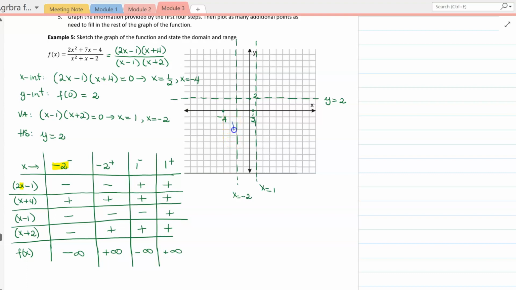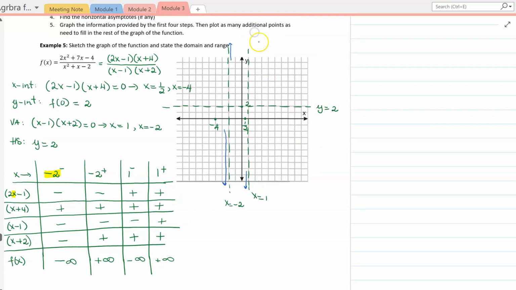So the graph will look like this on this side. Approaching negative 2 from the right, it goes to positive. So it looks like this. And to negative infinity from 1. So on this side, it looks like this. And on this end, it would look something like this.